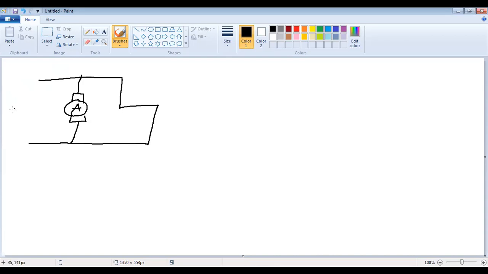I am drawing two separate circuit diagrams, one for the shunt motor and one for the series motor. Now I am drawing the shunt motor.